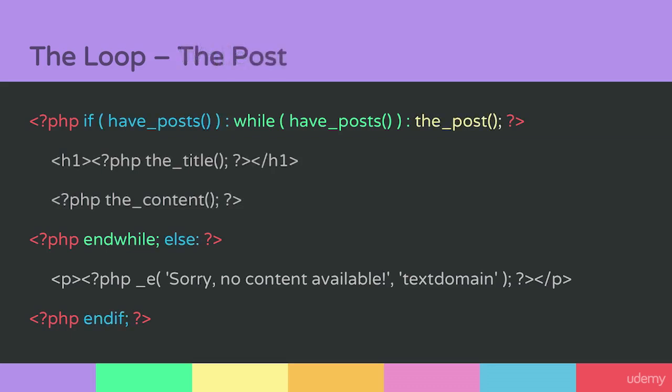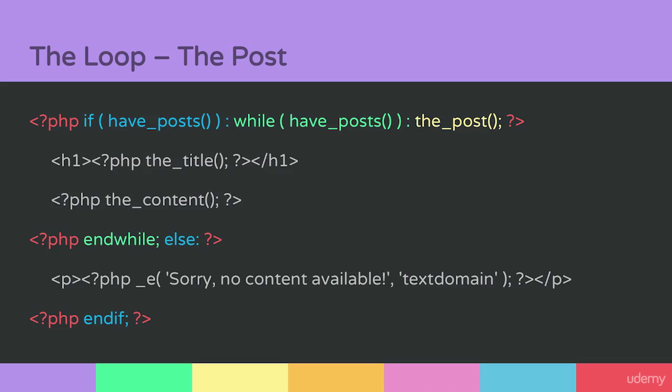And then the third and final part of the loop is a WordPress function called the post. What that does is it goes inside the while loop. So we've gone from having a bunch of posts, and now that we're in where it says the post, we're saying, okay, grab this specific post.